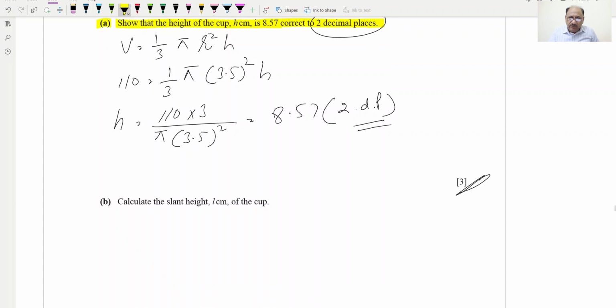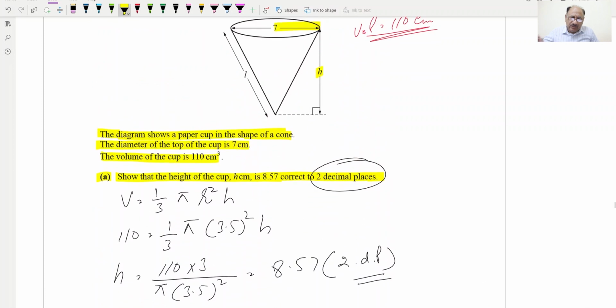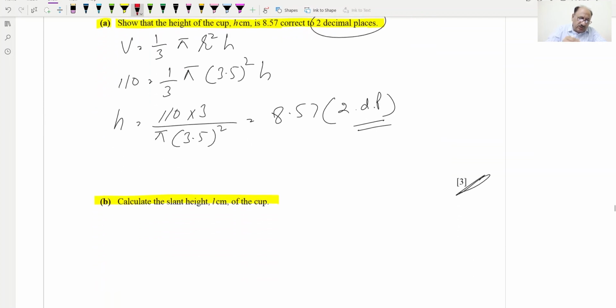Now B part says calculate the slanting height L centimeter of the cup, and slanting height is which one? Slanting height of the cup is basically this one. We know this is 3.5, and h we have just calculated, and h is 8.57, and by applying Pythagoras theorem we can find this L also. So L squared will be equal to 3.5 squared plus 8.57 squared by Pythagoras theorem.